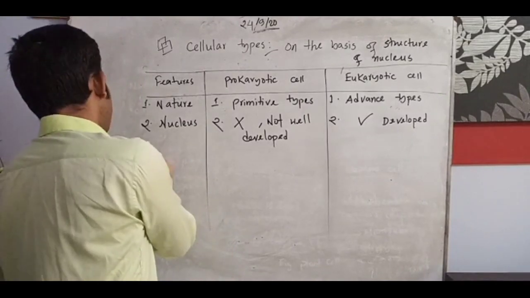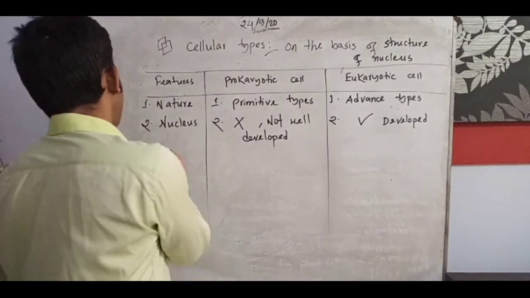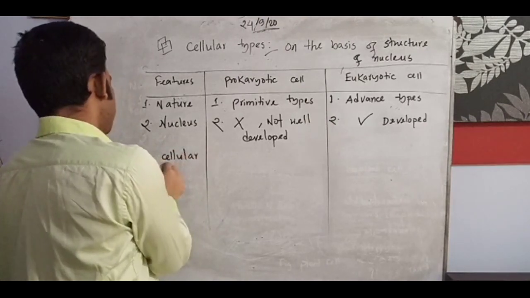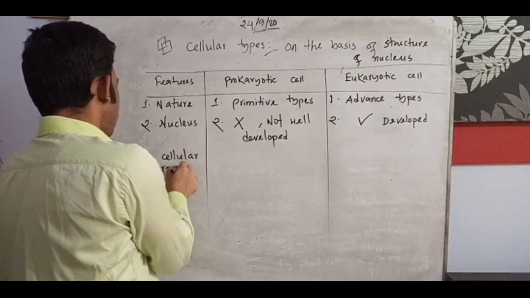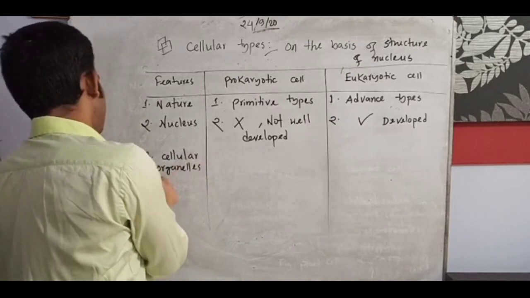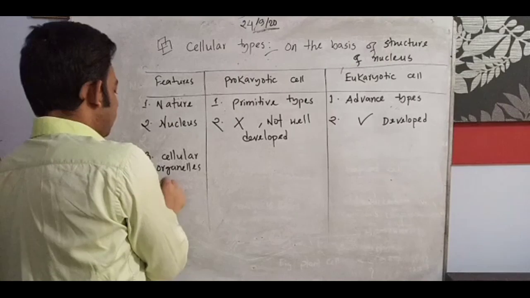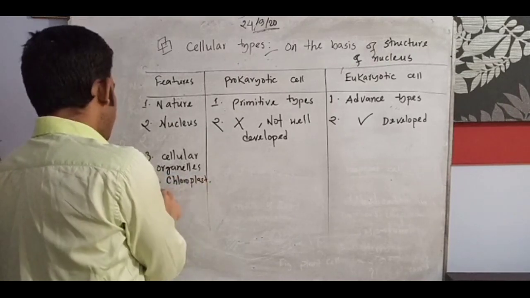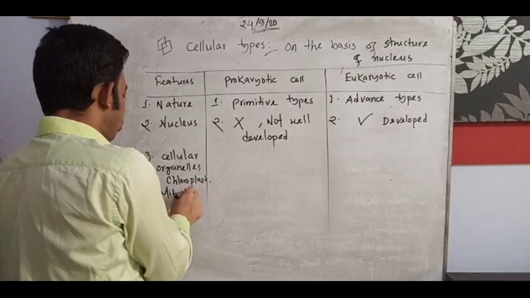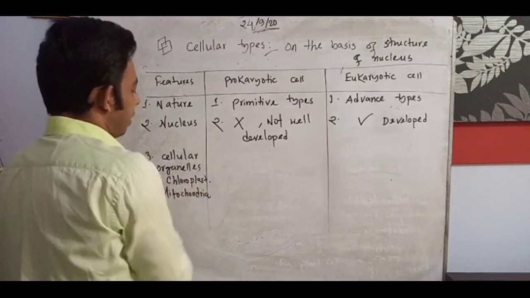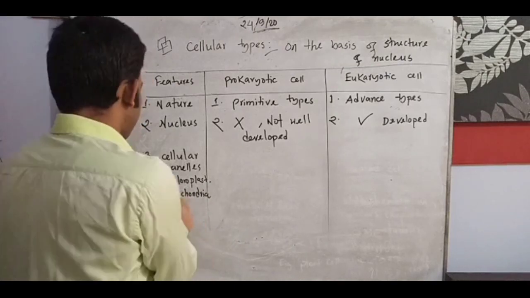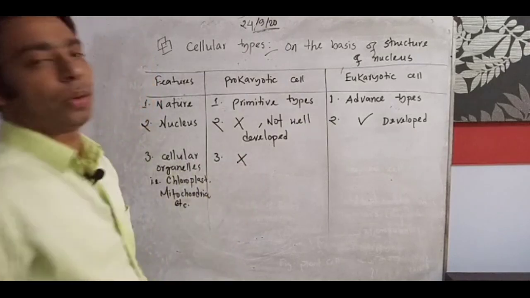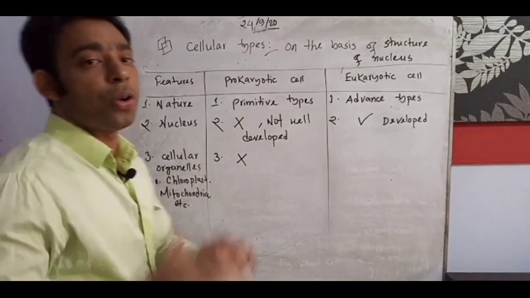And number third, the cellular organelles. Organelles, like the chloroplast, mitochondria, etc. You can write there: not present, or not properly found.